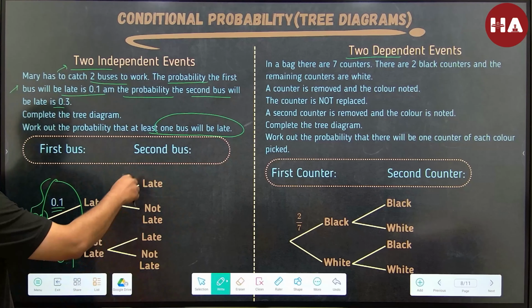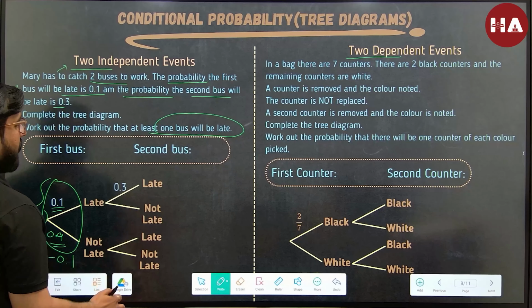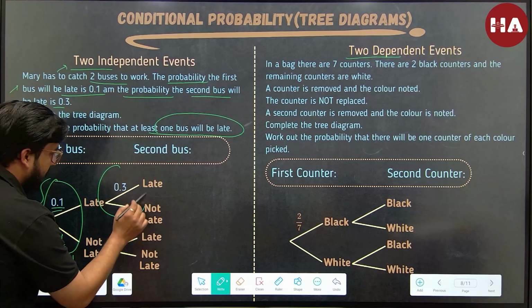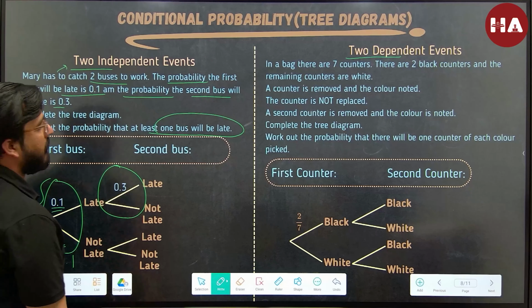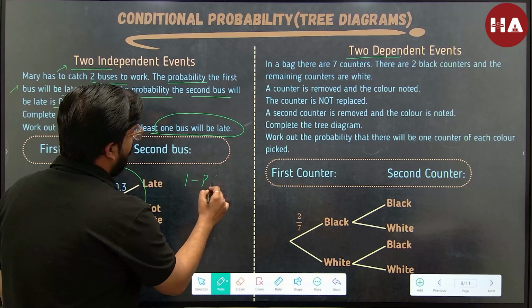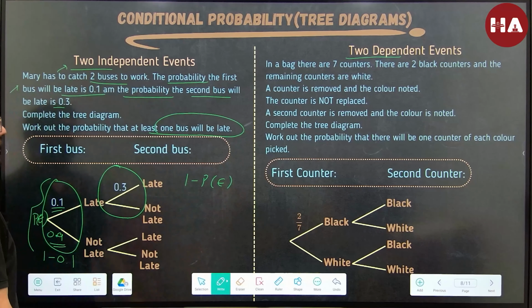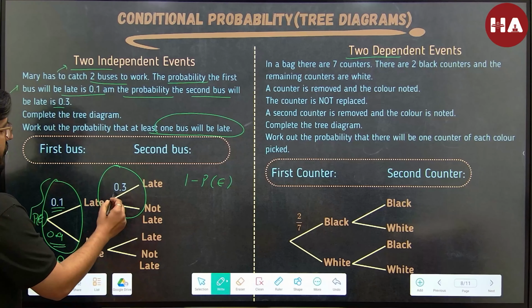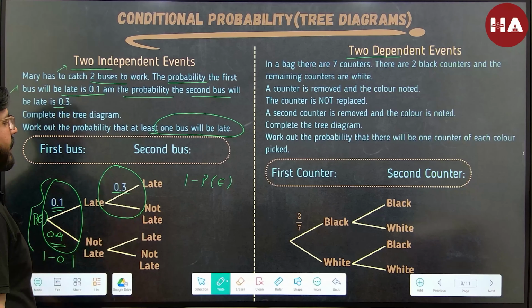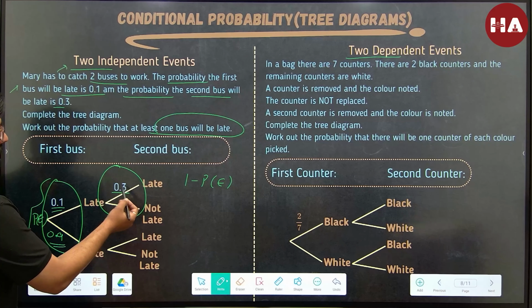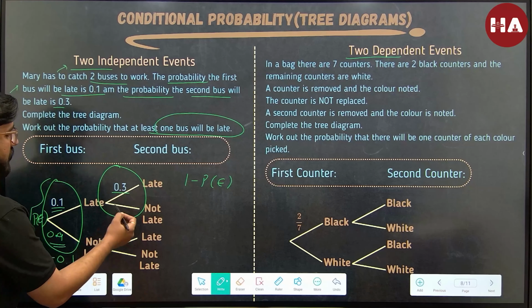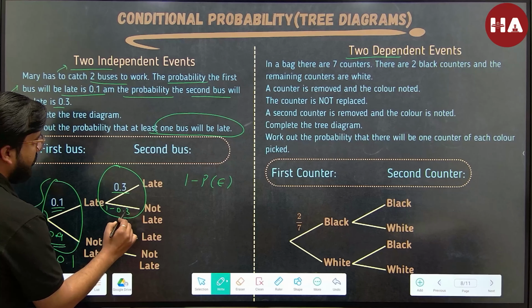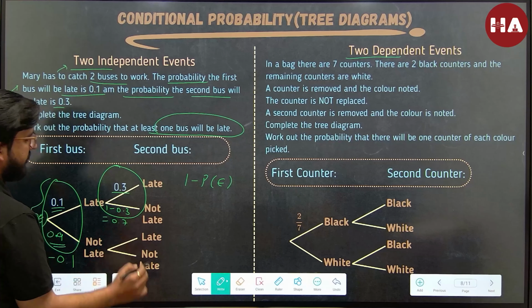Now similarly, for the second bus, you can directly apply 1 minus P of the event to get the second value of the branch. Here you can see that these both are independent events. This is given as 0.3, so 1 minus 0.3 is 0.7.